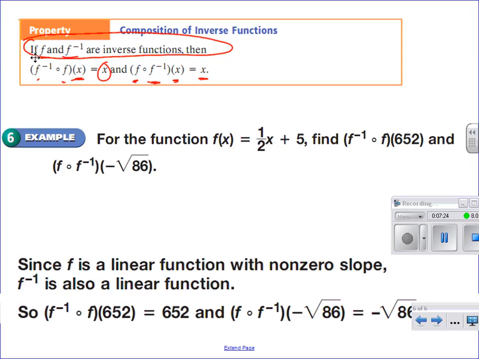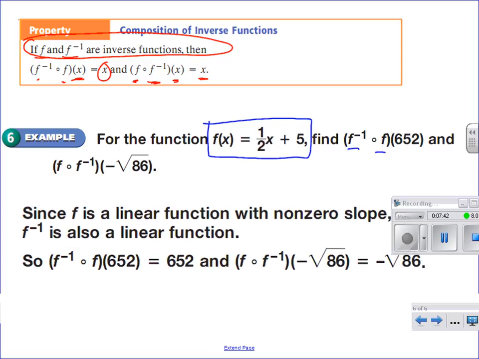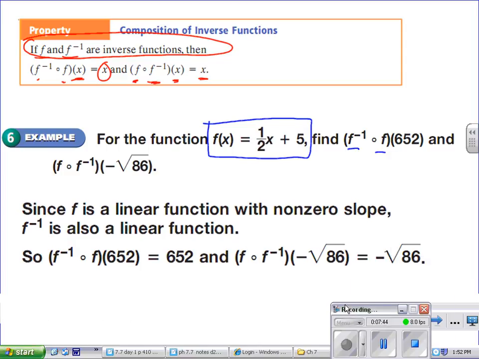For the function f of x equals 1 half x plus 5, I know that's linear. I know its inverse is also a function. So this should all work. So the inverse composed with the original, 652, must be still 652. It doesn't change.